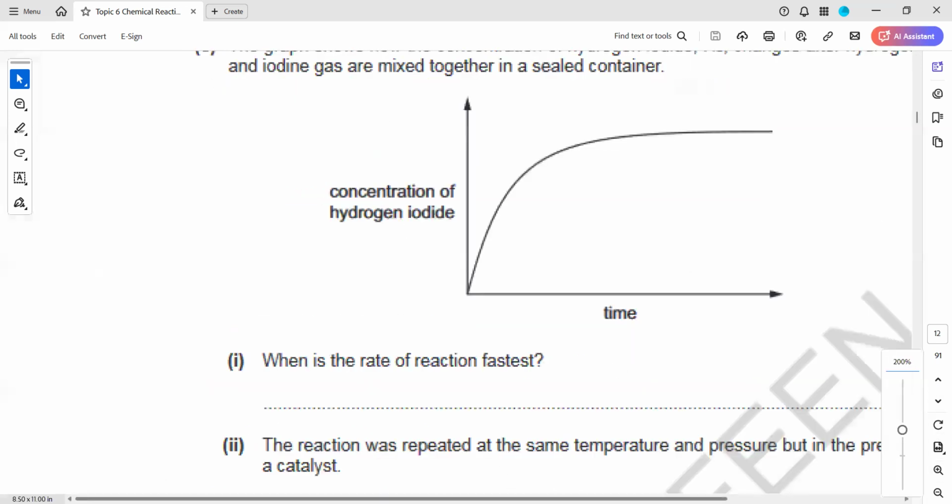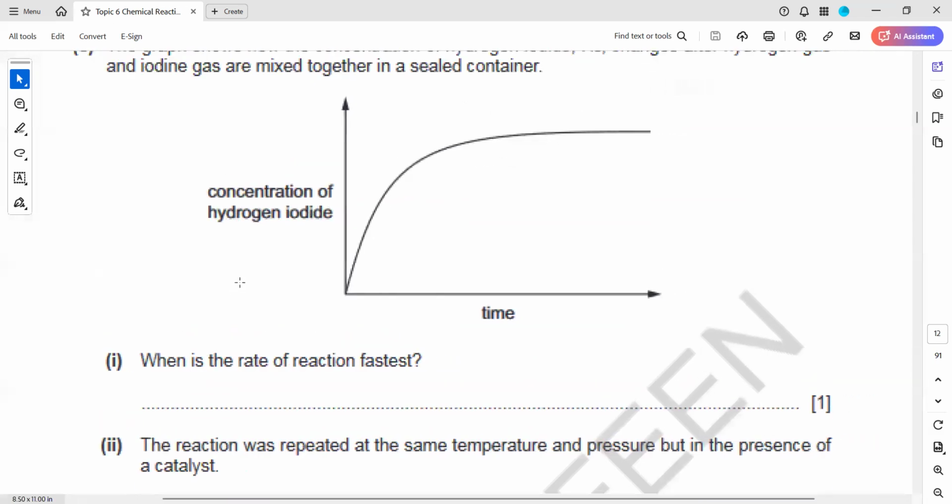A catalyst can alter the rate of reaction, but it will not change the amount of product. If we use a catalyst, it increases the rate. So what should I do? I should draw a steeper curve, but the final product should be the same. And we'll label that as 2.